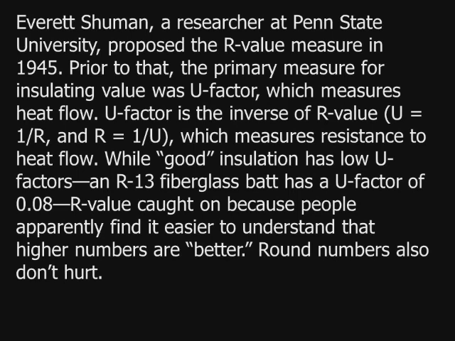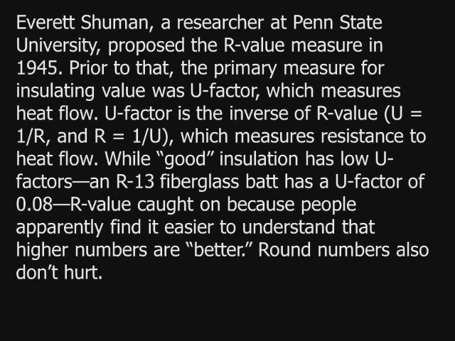Well, in 1945, it was presented that we can turn the inverse of that into a mathematical R value, and it caught on pretty quick because people found it easier to accept that the higher number, the better it is, and round numbers are also more appealing.